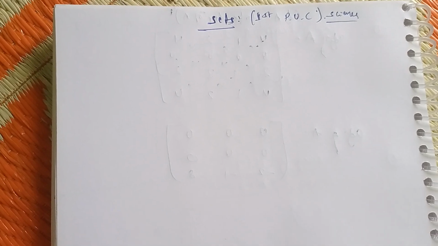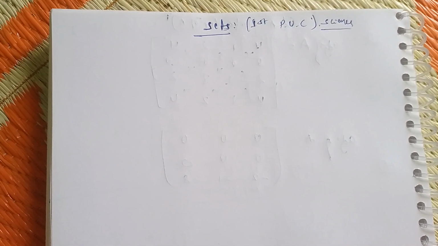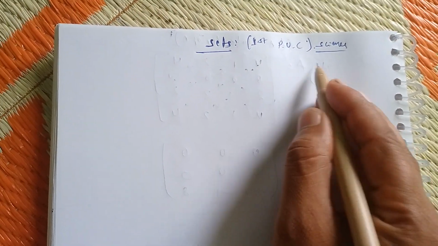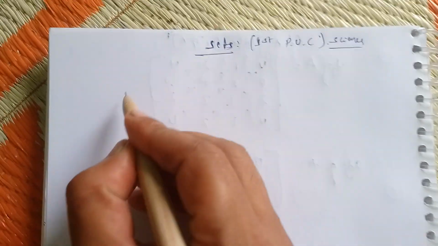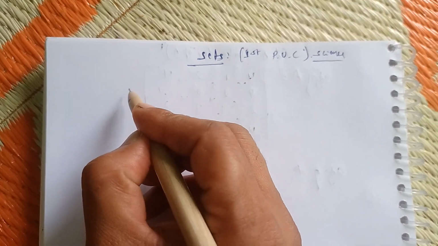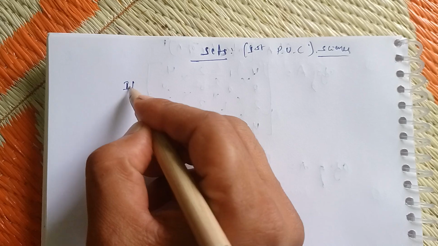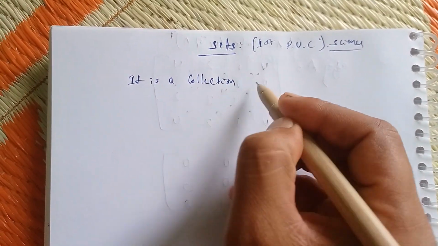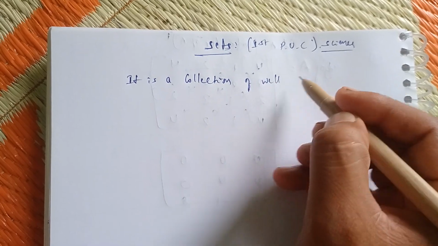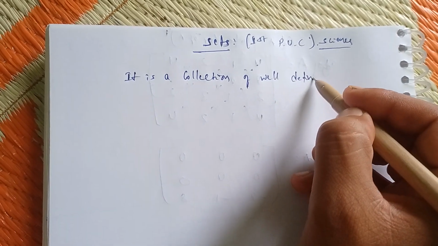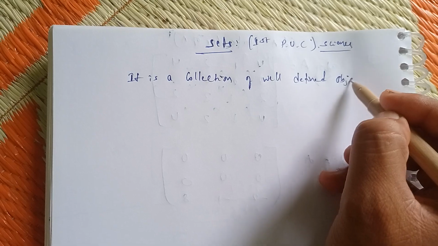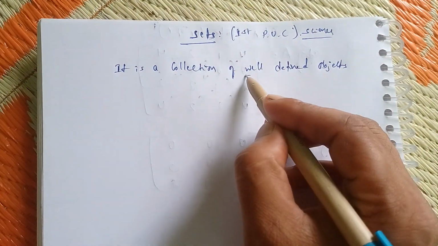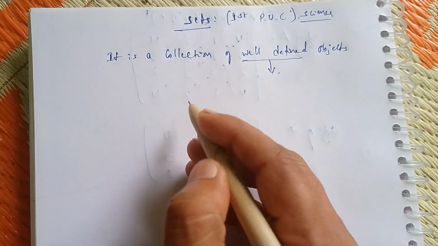Then according to mathematics, what is a set? A set is nothing but a collection of well defined objects. Here, what is the meaning of well defined?